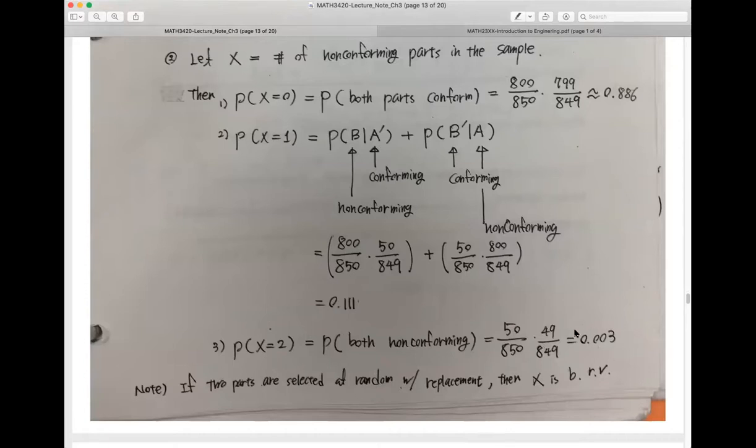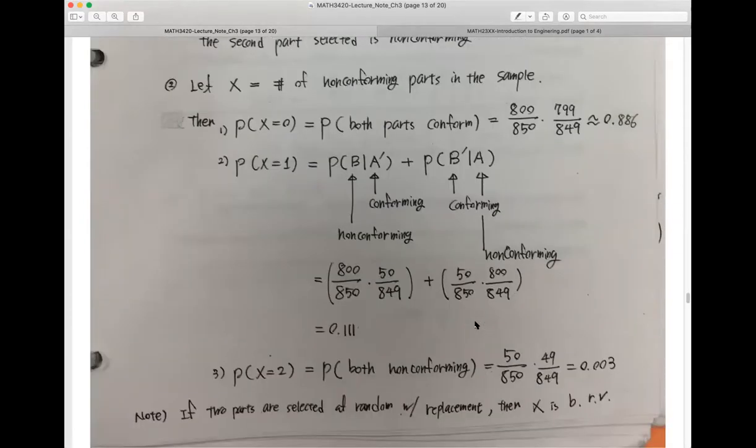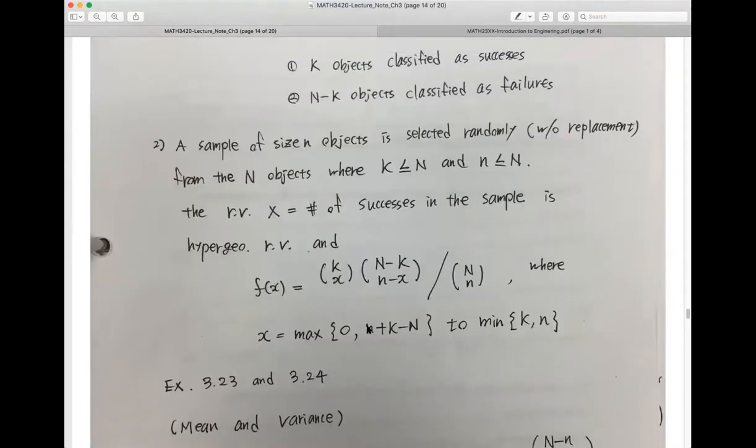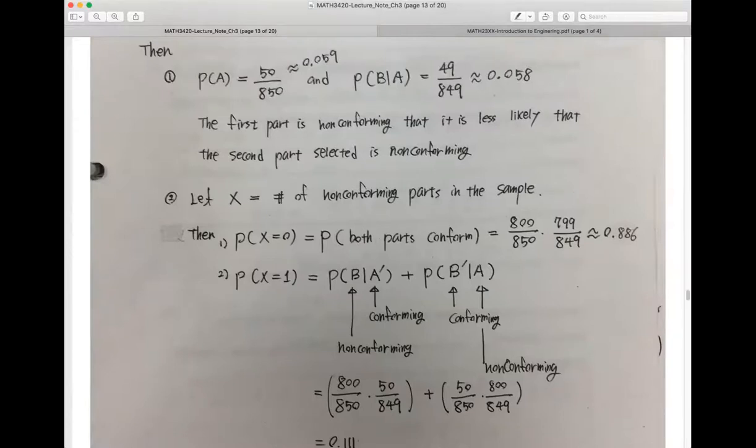Similarly, we can do this. So we can manually calculate these probabilities, but using that formula we can easily figure out the probability using the PMF. Now let me figure out the range of x using this example.